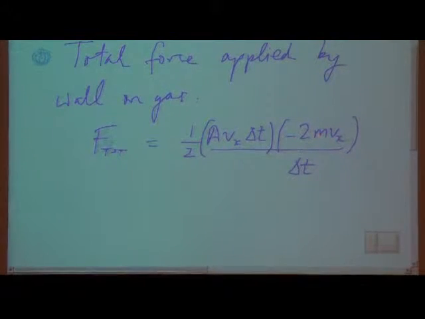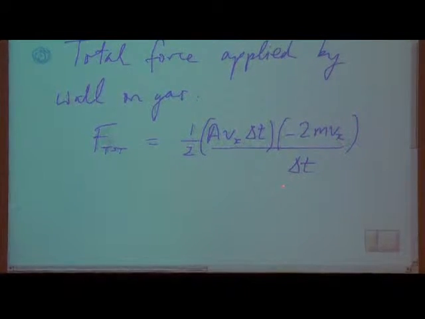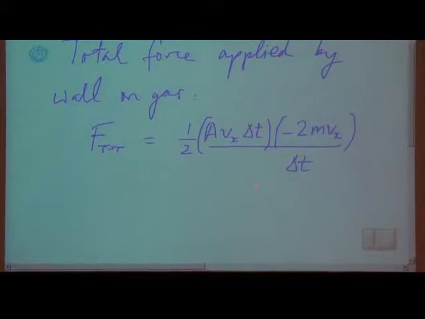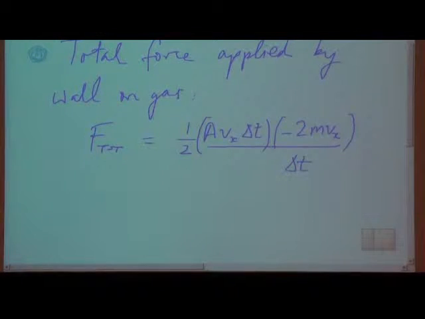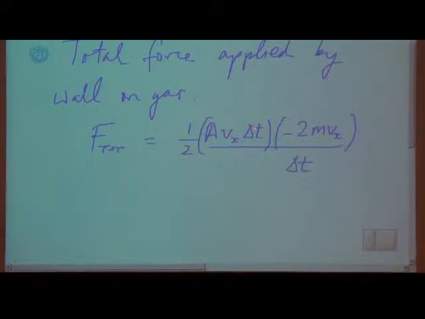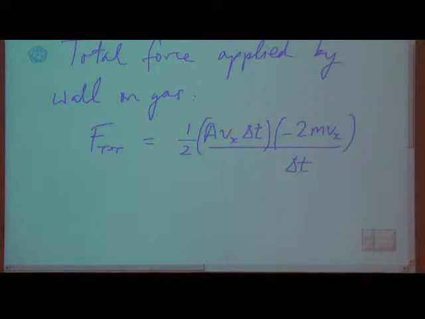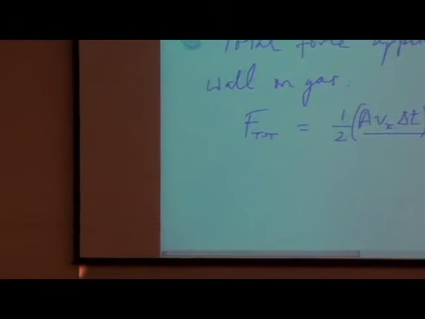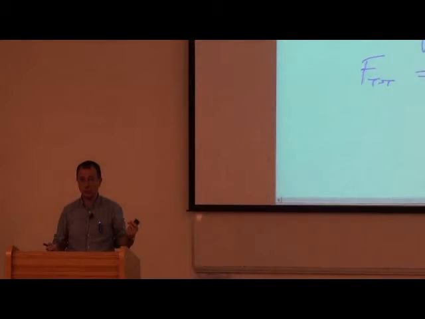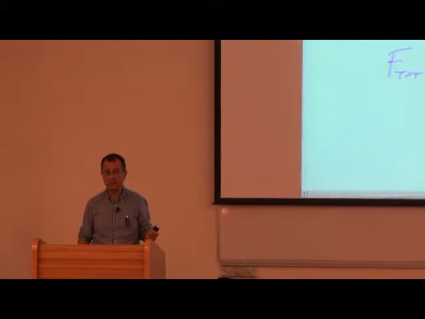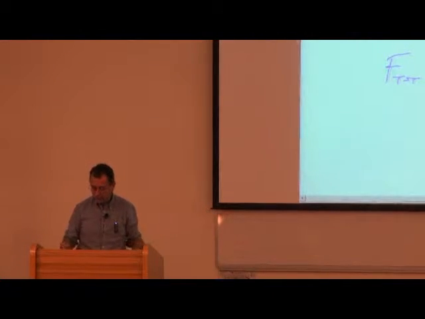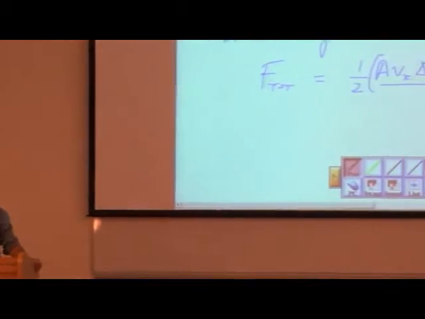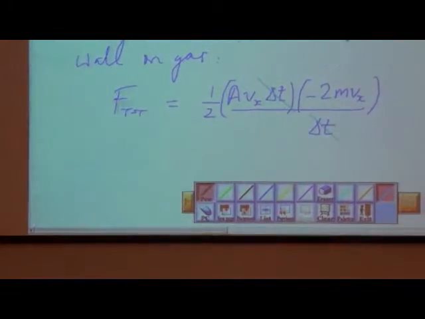It was this thing, minus 2 m vx over delta t. So it is a 1 over delta t here to make it a force. Okay? And the total number is proportional to delta t because of this argument that you want the guys who are able to get to the wall during this time delta t. It's proportional to vx delta t. Okay? So the first thing I get here is that the delta t is cancelled.